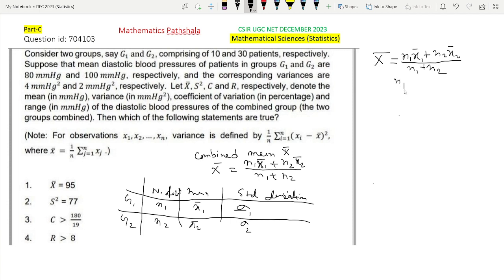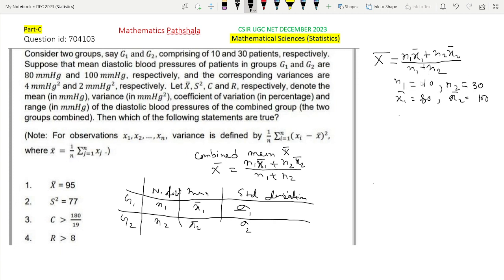Here, comprising of 10 and 30 patients, so N1 is 10 and N2 is 30. Next, x1 bar is given 80 mmHg. So x1 bar is 80 and x2 bar is 100.